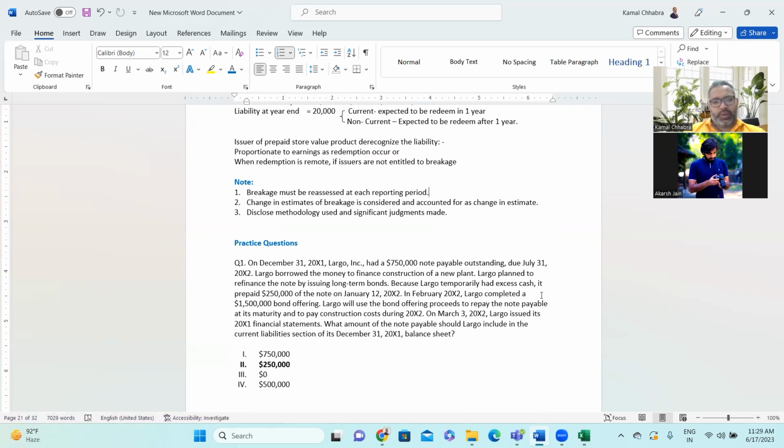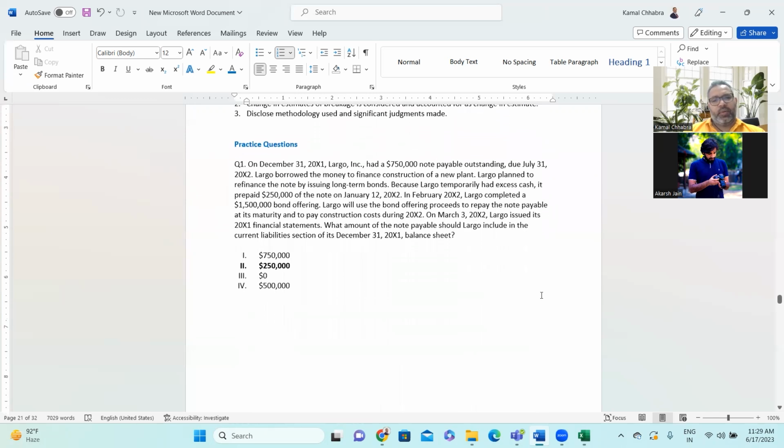So now one quick question over here. On December 31st, 2001, Largo Inc. had $750,000 note payable outstanding due on July 31st, 2002. Largo borrowed the money to finance construction of a new plant, and Largo planned to refinance the note by issuing a long-term bond.